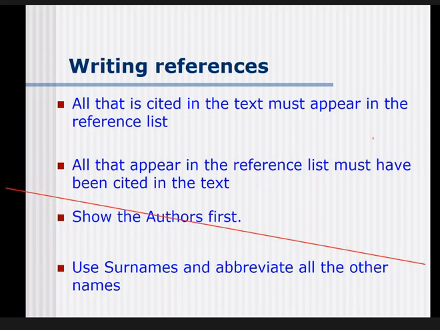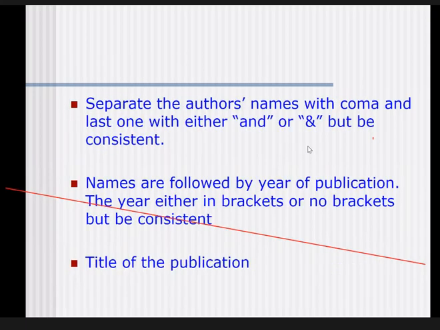And then the other given names are all abbreviated. We had special cases, you remember. You separate the authors' names with a comma, or can even leave the comma, but be consistent. And then the "and" or ampersand, pick one and be consistent with it.